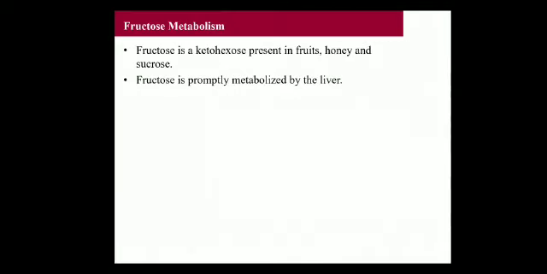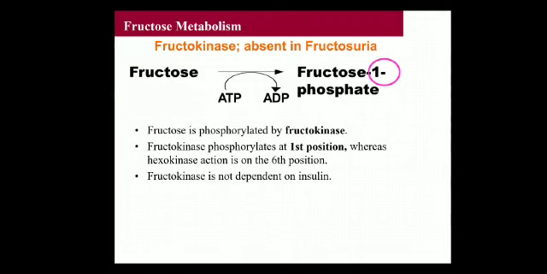Then fructose metabolism. This is a ketohexose that is present in fruits, honey and sucrose. Sucrose is made up of glucose and fructose, and fructose is predominantly metabolized by the liver. Fructokinase phosphorylates fructose to fructose 1-phosphate.